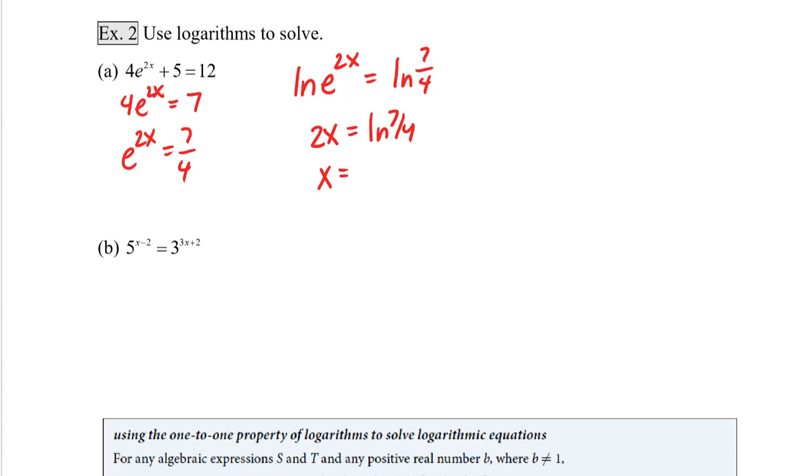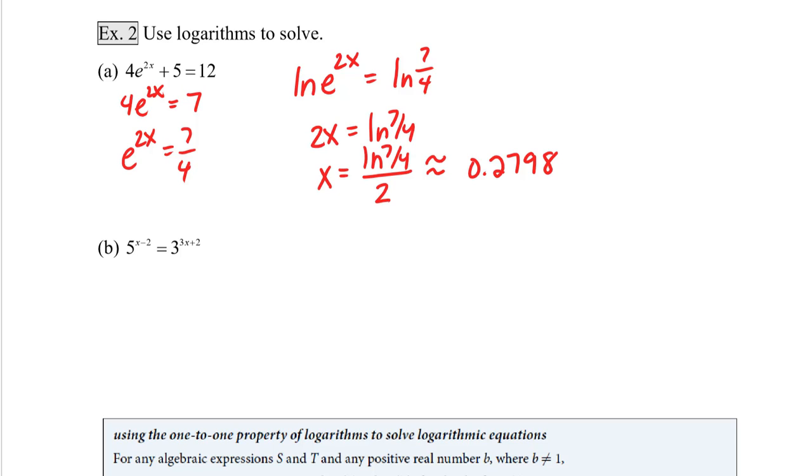And then if I divide both sides by 2, I get that x is equal to the natural log of 7/4 divided by 2. And if I put that in my calculator and I round to 4 places, I get 0.2798.